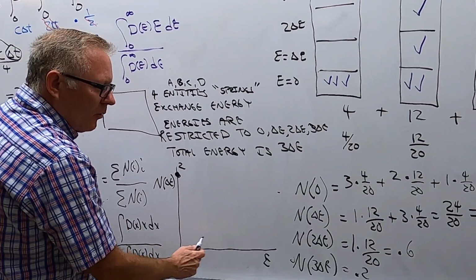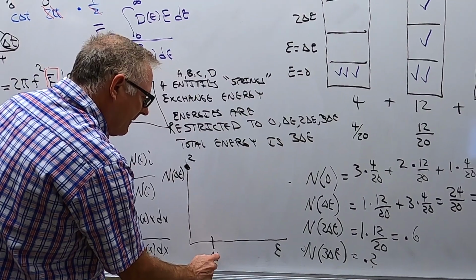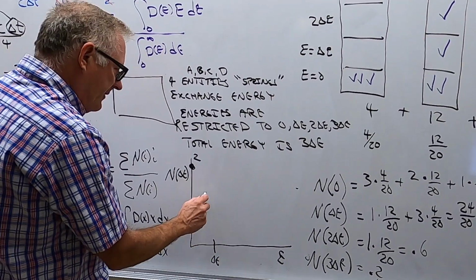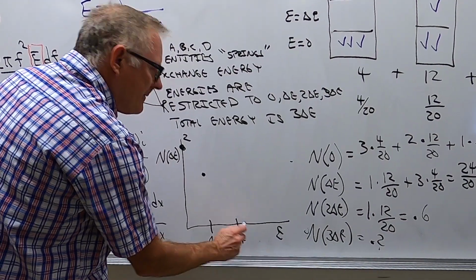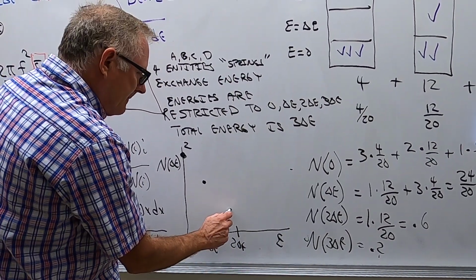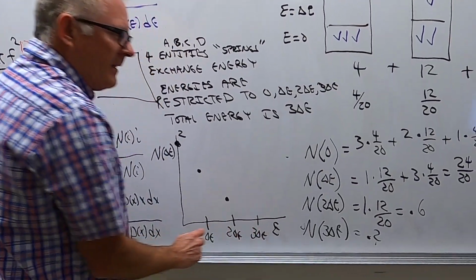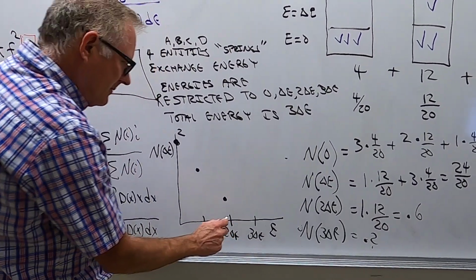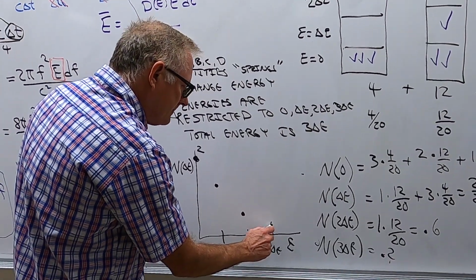Then when you get 1 point at delta E right there, it was 1.2. At 2 delta E, it was 0.6. At 3 delta E, sorry, that was 0.6. This is down to 0.2.